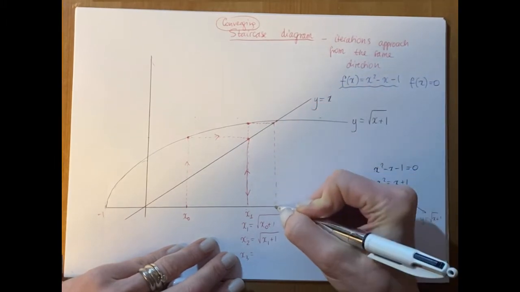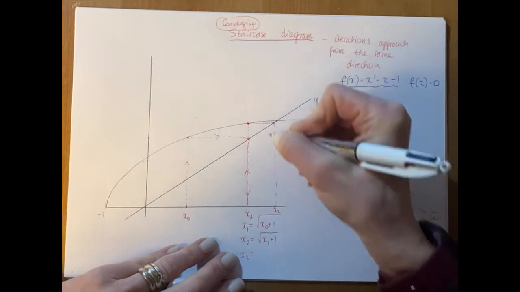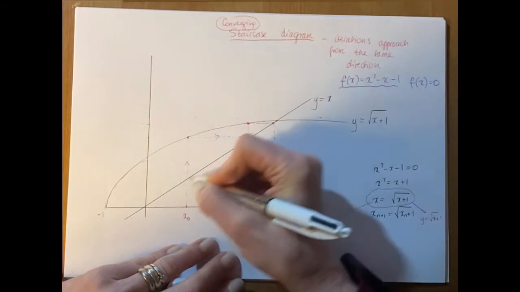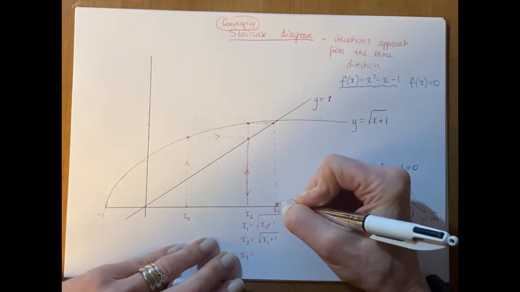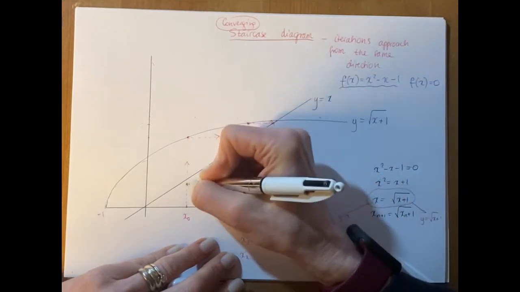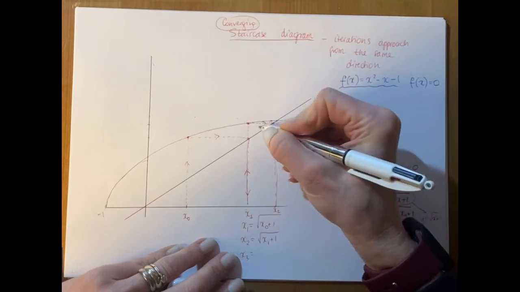There you go, and that is going to be x2, which is the same as the y value over here. The values are the same because this is the line y equals x. And then you put it back in, and you could see that you are creating a staircase.